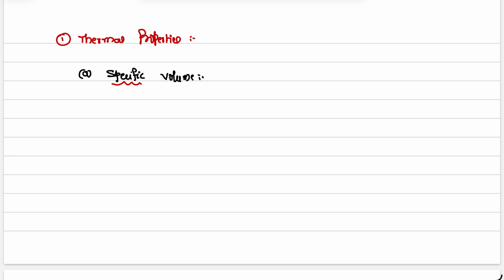Now, what is the reciprocal of density? Reciprocal of density is specific volume.